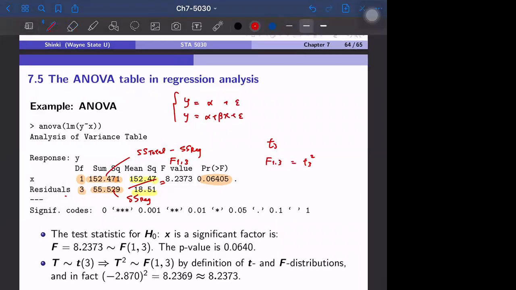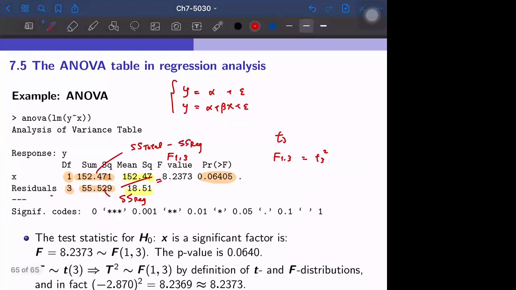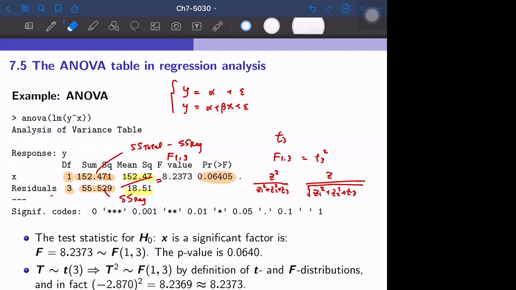Remember that the t distribution is defined by the standard normal divided by the square root of z1 squared plus z2 squared plus z3 squared, and the F distribution is basically z squared over z1 squared plus z2 squared plus z3 squared. Actually, we have to divide the denominator by 3 in either case.